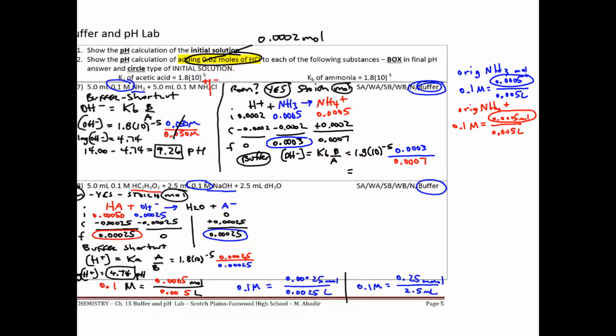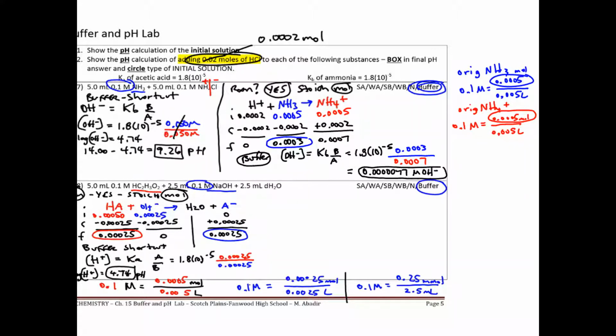This is going to be 1.8 times 10 to the negative fifth, and then we're going to multiply that by 3 and divide by 7 essentially, and that's going to give you 0.00000 7. Wow, it's a lot of zeros, 1, 2, 3, 4, 5 zeros. Again, millimoles. I guess that wouldn't have helped anyway. And that's going to be your molarity of OH minus.